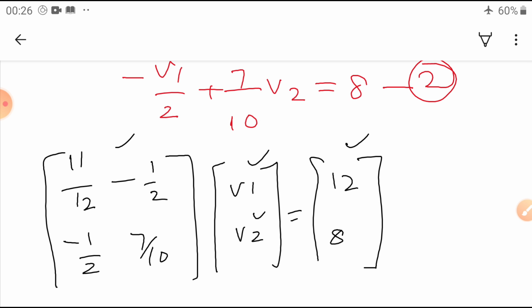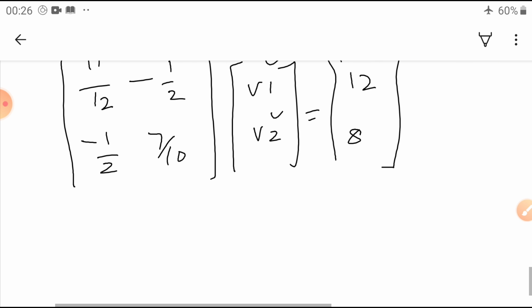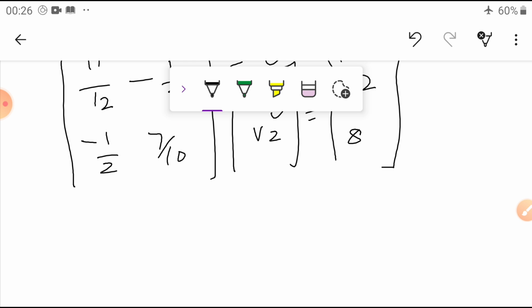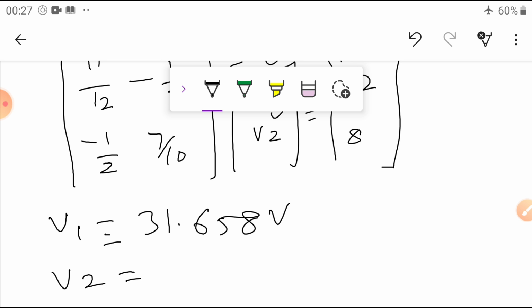So what is the value? By simplifying this, you know these calculations. Then we get V1 is equal to 31.658 volts and V2 is equal to 34.658 volts. Sorry, nearly 34.04 volts.